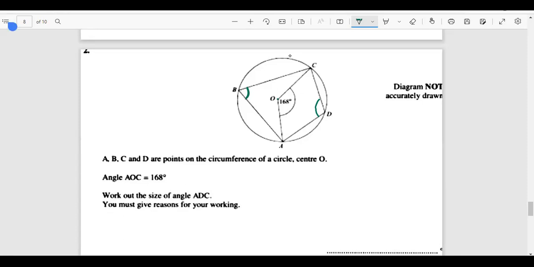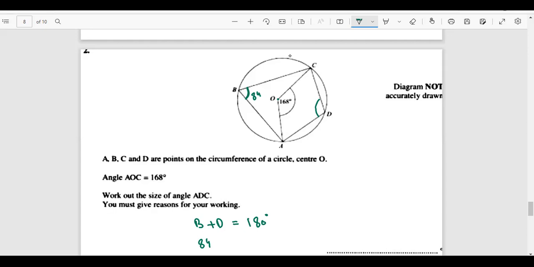Angle at center is what? Twice the angle at circumference. So this would be 168 divided by 2. That is 84. So we know that angle B is 84 and B plus D is going to give me 180 degrees.